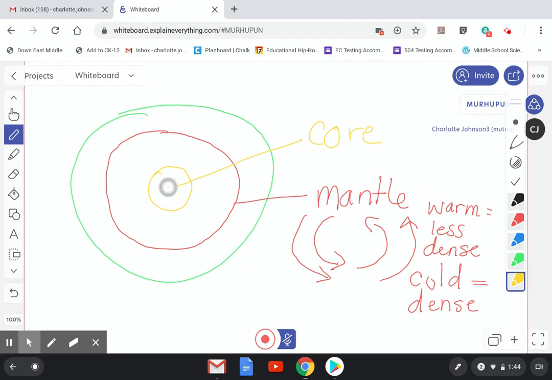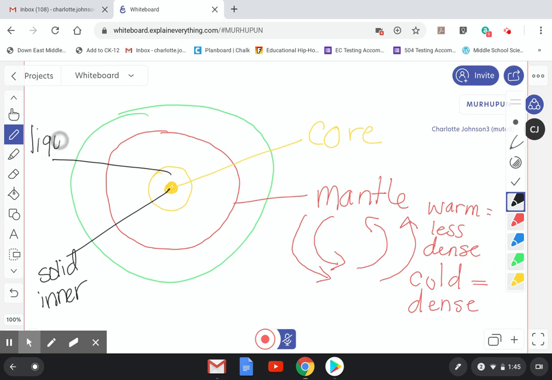So the inside, known as the inner core, is going to be solid, and then we have a liquid outer core.